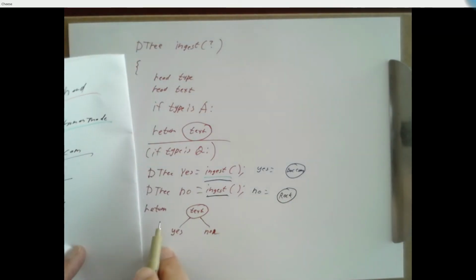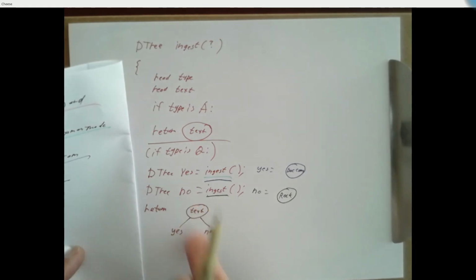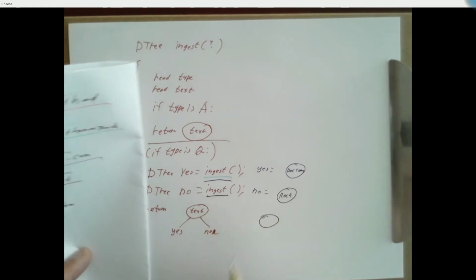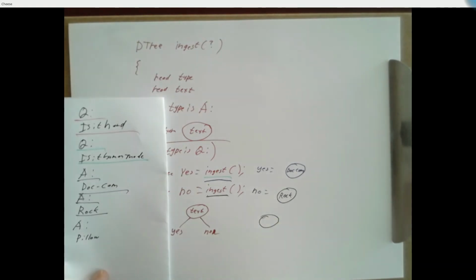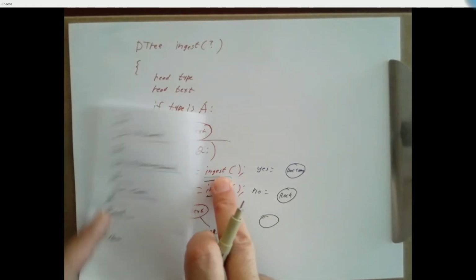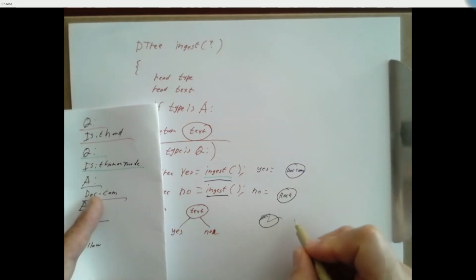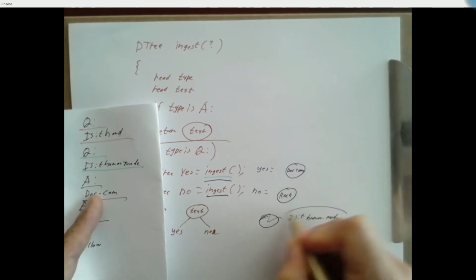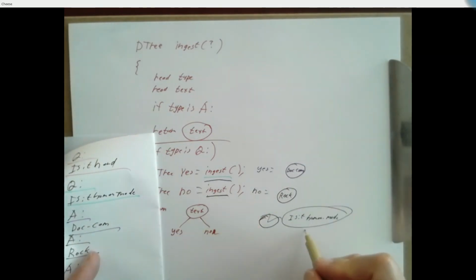And now we're going to put these together and make a tree with 3 entries. The first entry is going to be the text that we originally read from our green ingest, so that was, is it human made? And the yes node will be doccam.